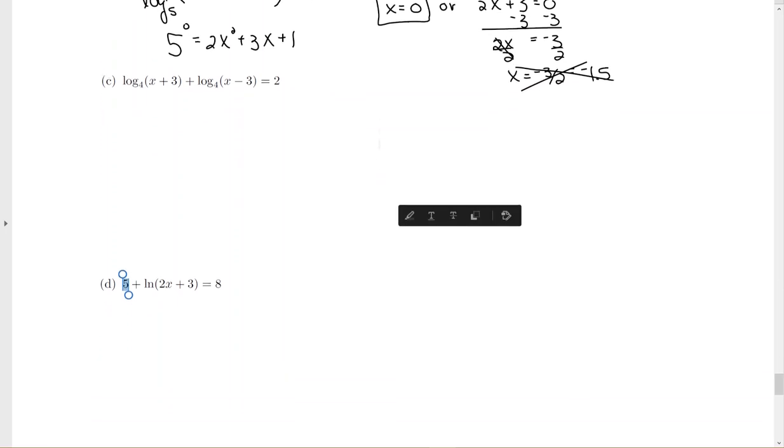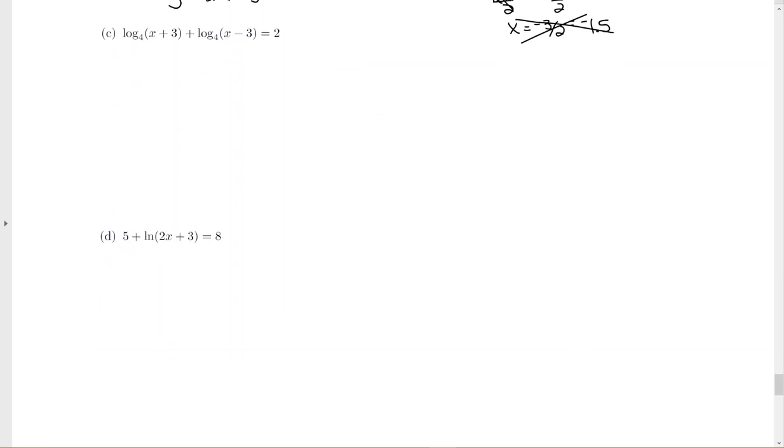Kind of the same thing going on with part C here. Combine them with a plus sign, we're multiplying. So I have x plus 3 times x minus 3. Multiply that out.